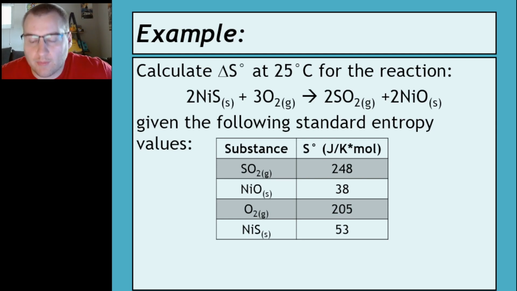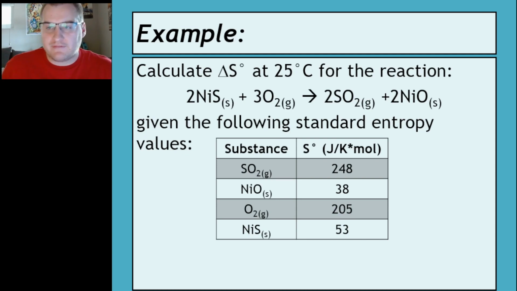Okay. For the reaction below, I have some NiS, some nickel sulfide, and 3 oxygen molecules on the left, producing 2 sulfur dioxide molecules and 2 nickel oxide. Okay. So before I do my math here, I want to predict, do I think the entropy is going to go up or down?